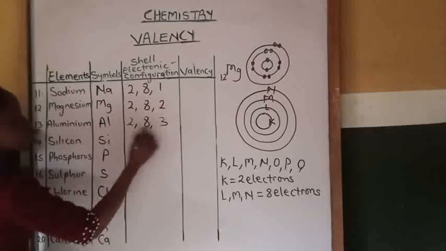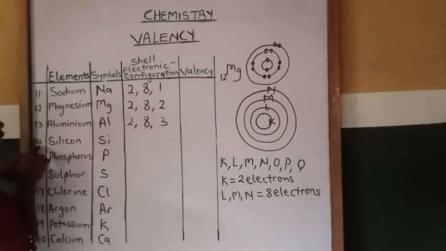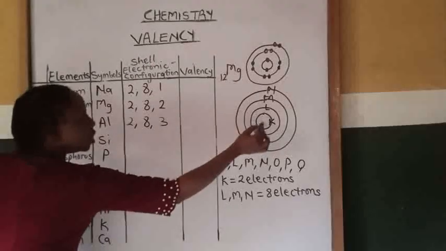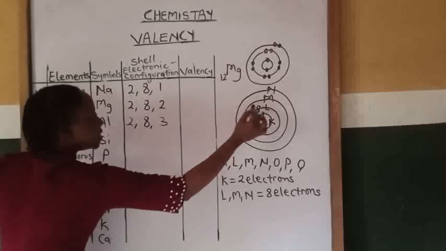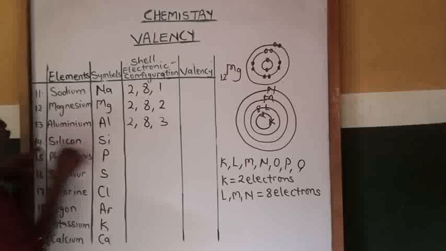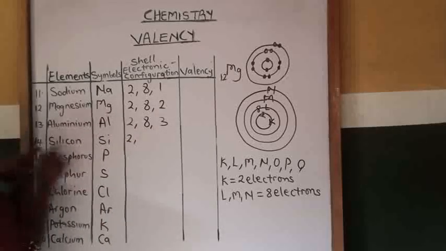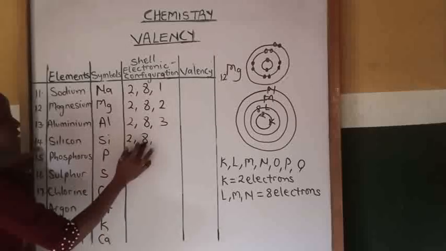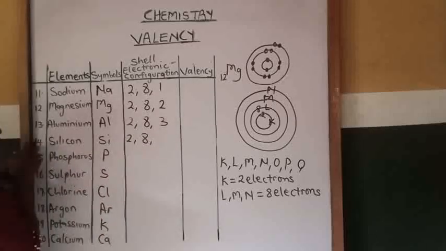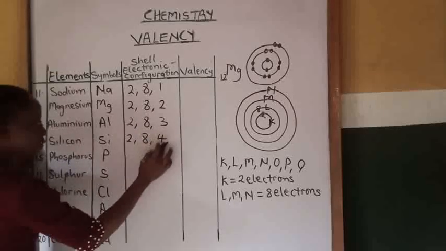So 2, 8, 3. So let's move to silicon. K shell will take 2 electrons, L will take 8. Then 2 plus 8 is 10. Out of 14, 4 will remain. So that's 2, 8, 4.